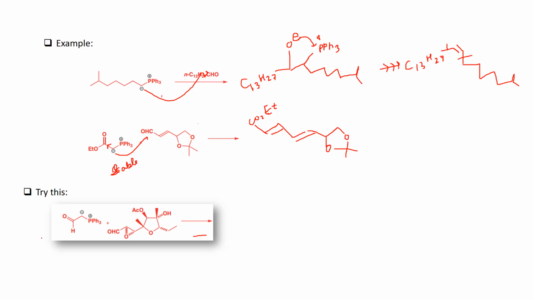Okay, so this is also an aldehyde. This is also stabilized because of the minus I effect of this group. This will react with this aldehyde center and will give us this type of E alkene.